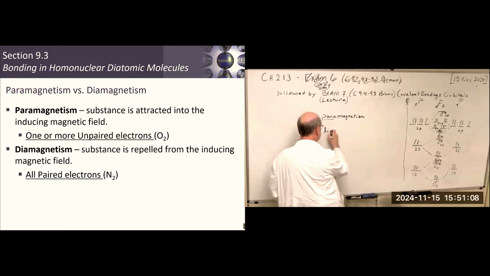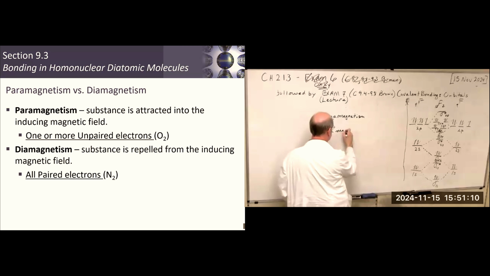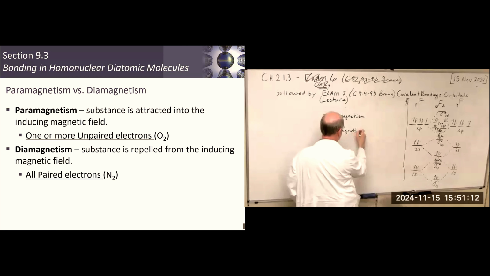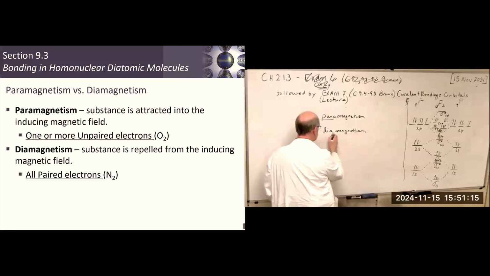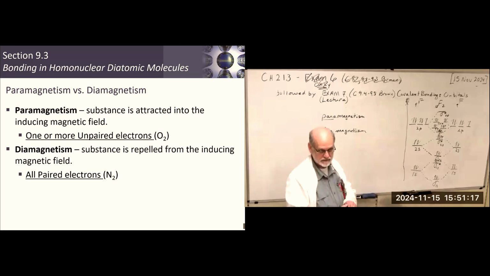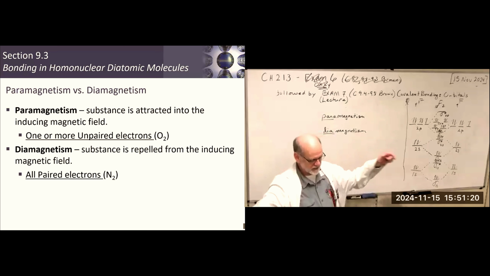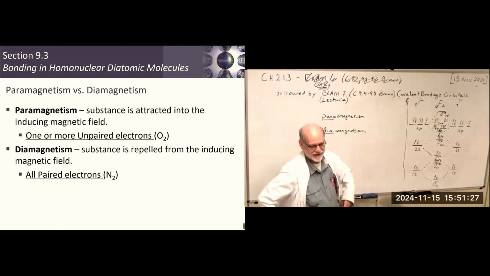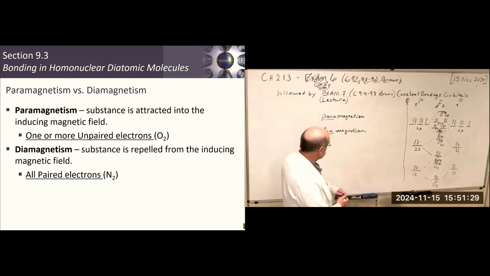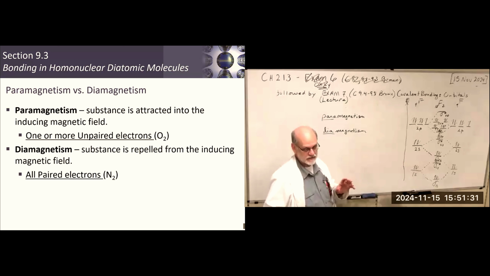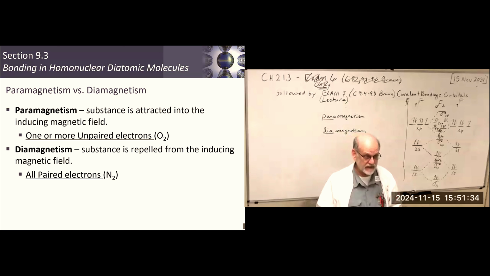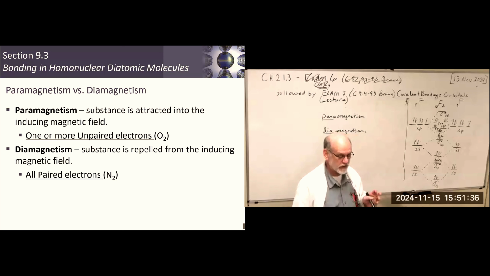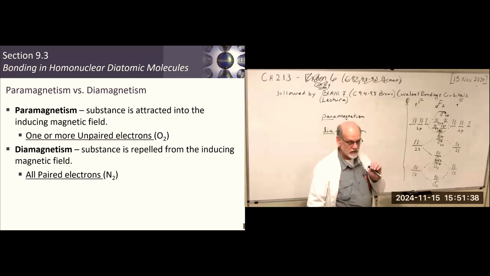And when we say diamagnetic, dia means opposite, like diameter, from one opposite end to the other, or diametrically opposed, which means against. So anything that's diamagnetic opposes a magnetic field. It'll be repelled by the magnetic field, and that occurs when all the electrons in the molecular structure are paired. There are no unpaired electrons.